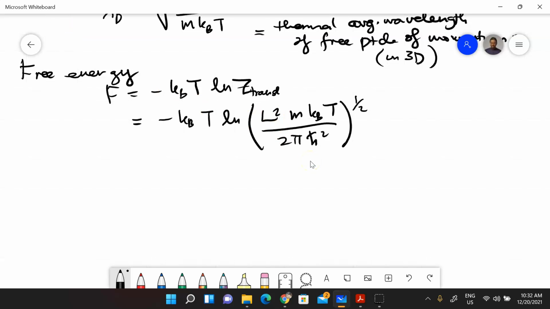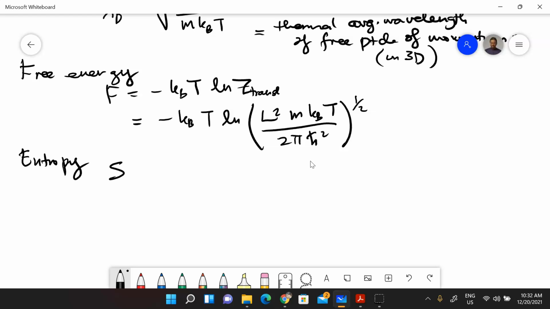Once you have the free energy, which is already a thermodynamical quantity, one could try to express other thermodynamical quantities from it. One of the things we should be interested in is the entropy.